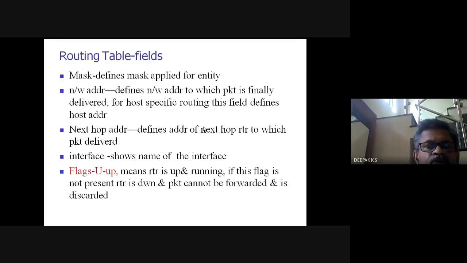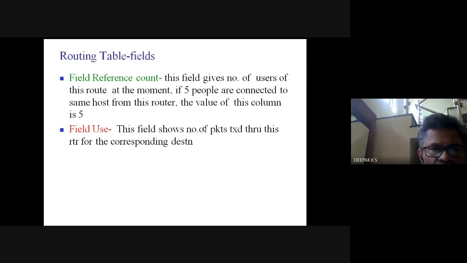Then reference count. This field is the number of users of this route at the moment. On the internet a lot of users would be using the route that is used by a specific host of concern to us, and some others would also be using it.